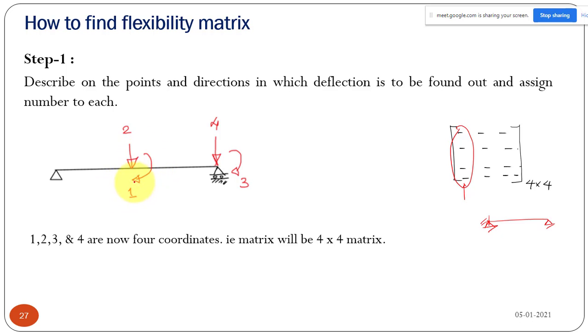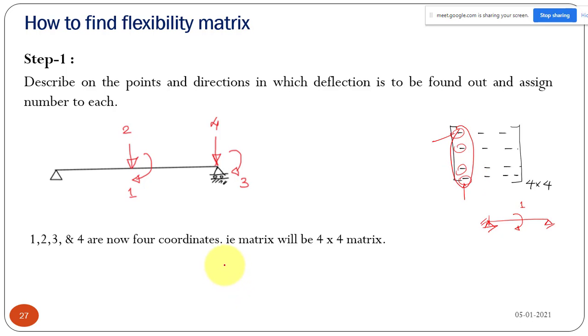It is clockwise, so we apply a unit moment in the clockwise direction like this. Then find the rotation at 1, that will be the first element, and next find the deflection at this point, that is the second element. Next find the rotation at this point, that is my third element. Next find the deflection at point 4, that is the fourth element.